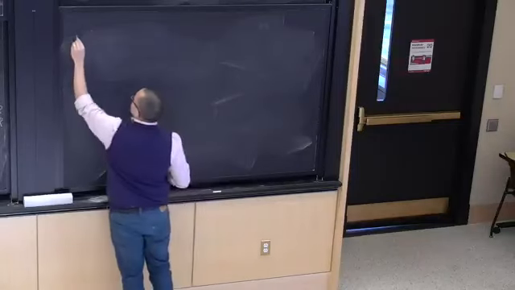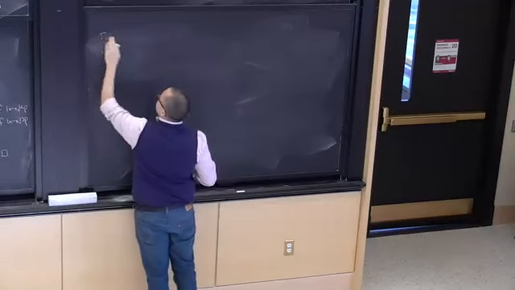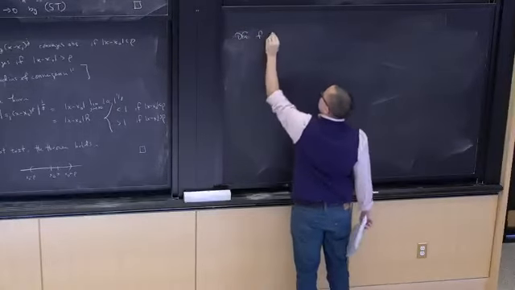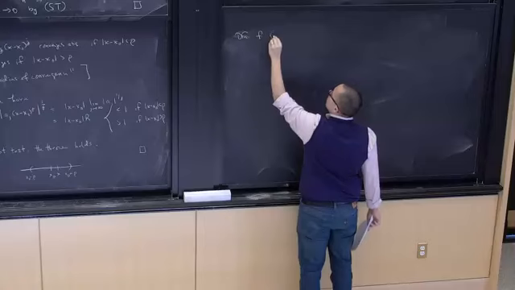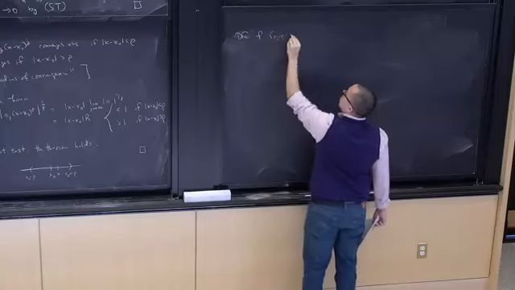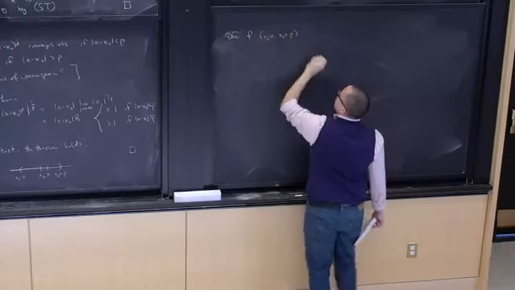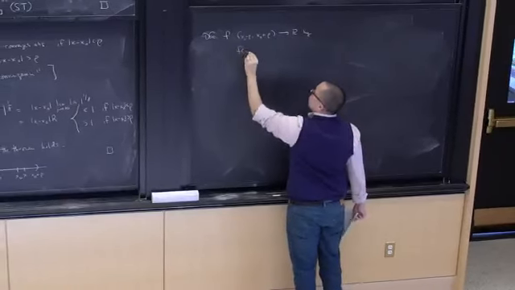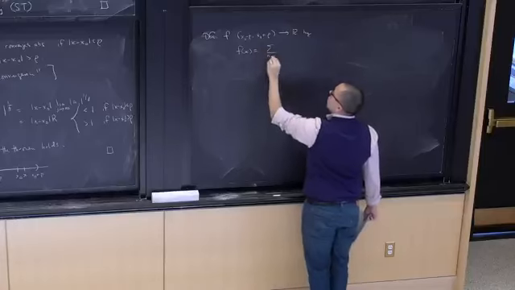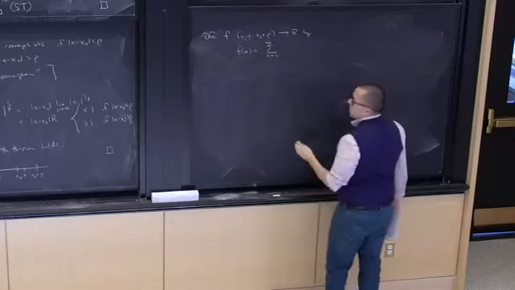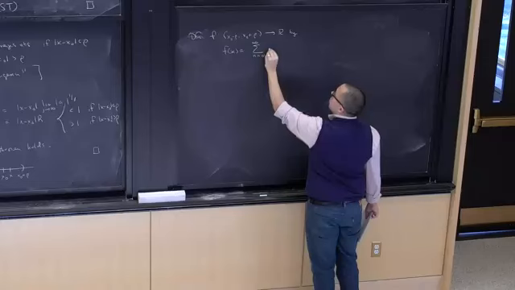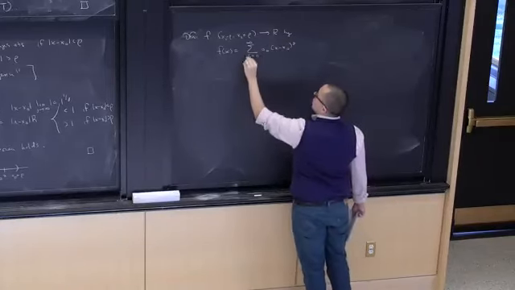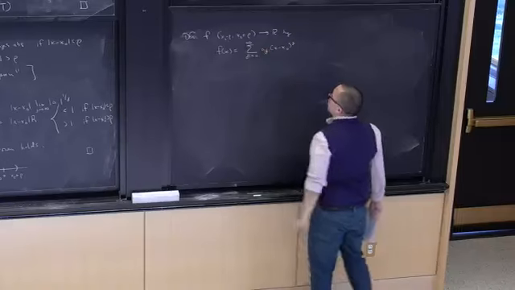Define f, going from this interval, x naught minus rho to x naught plus rho, to R, by f of x equals the number that gets spat out by this power series.